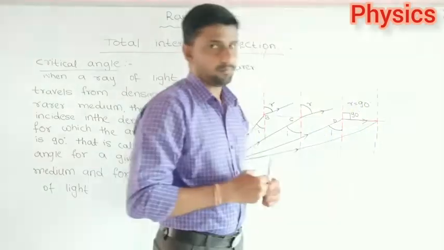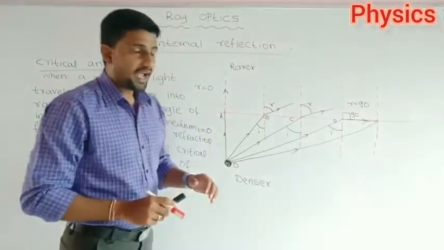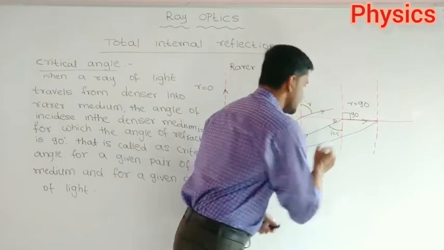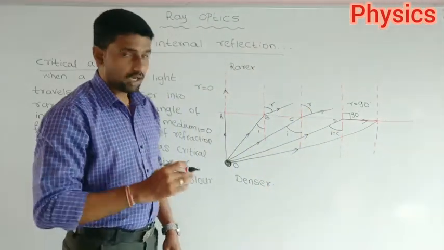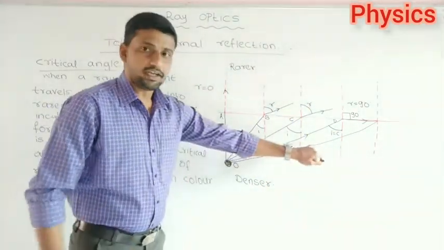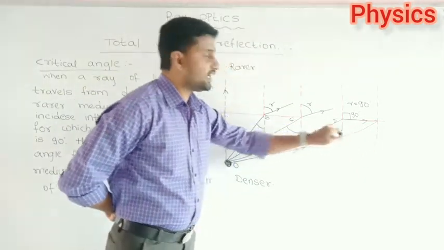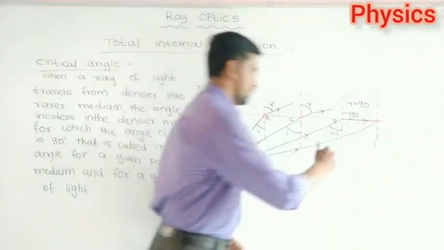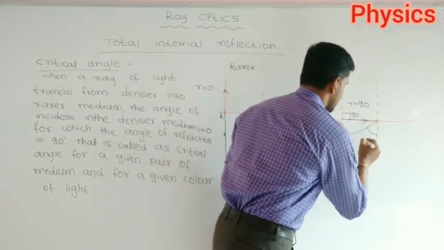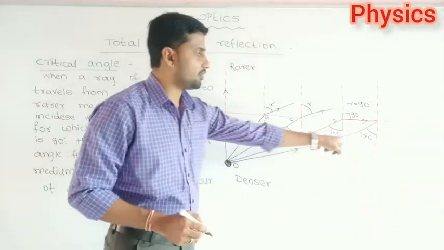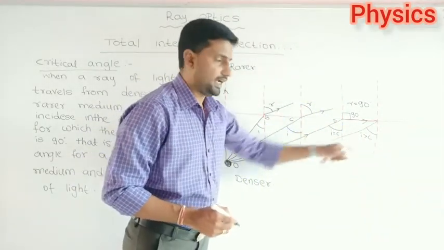This is the normal. Now this angle I know is the critical angle. Now I again incident light, but that angle of incidence is greater than the critical angle. So this angle of incidence is greater than the critical angle.